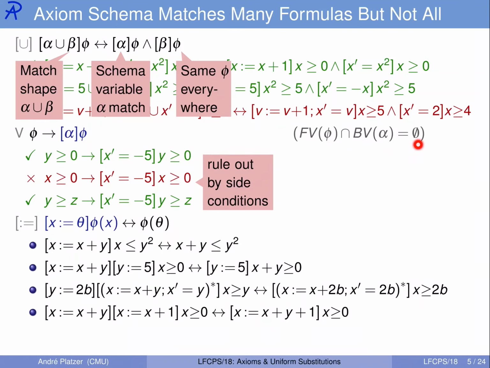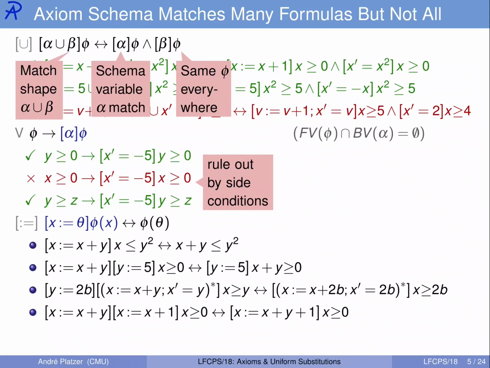So in other words, if no variable that alpha is changing is being read in phi, and that's violated in the case down here where even if x is greater or equal to 0 in the beginning, it doesn't stay greater or equal to 0 in the end if the system is evolving along x prime equals minus 5, because it's changing it in negative ways. But the exact same thing is perfectly fine if we talk about other variables y and z, and all of these need to be sorted out somehow.